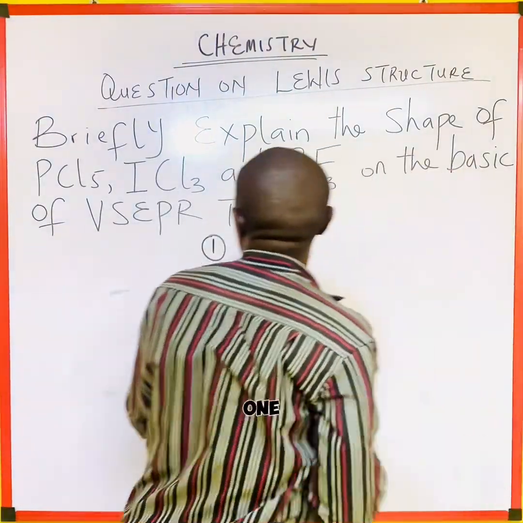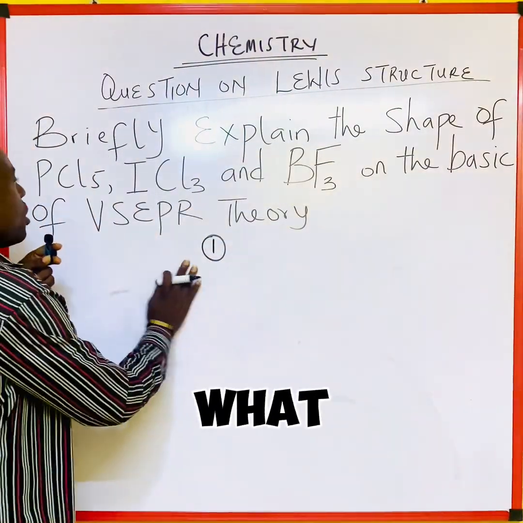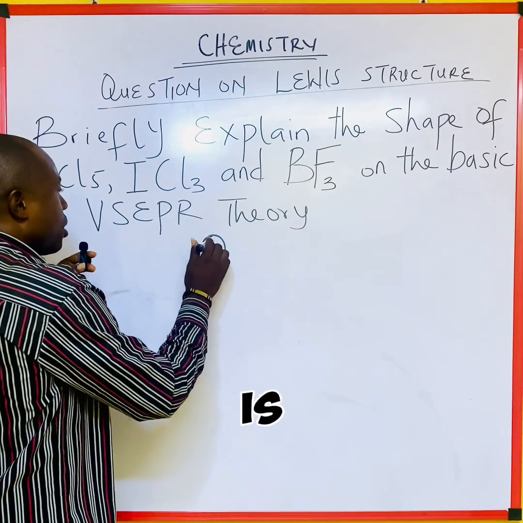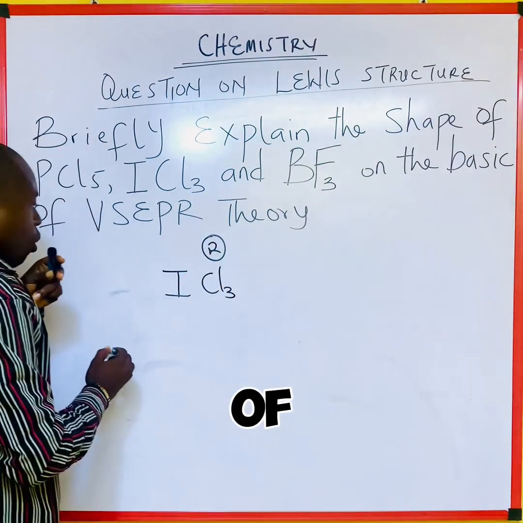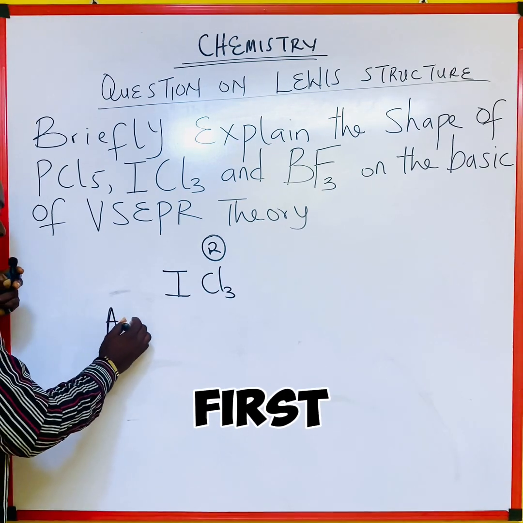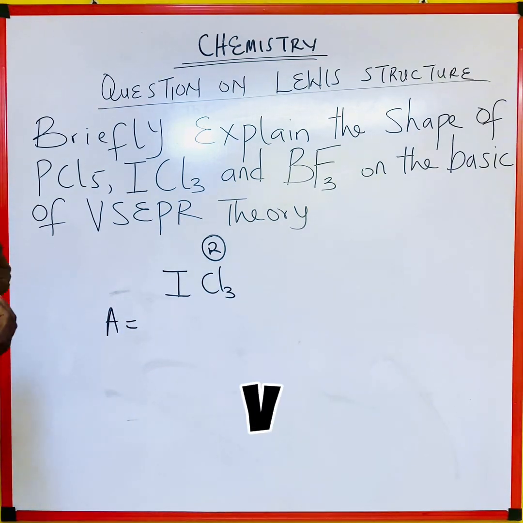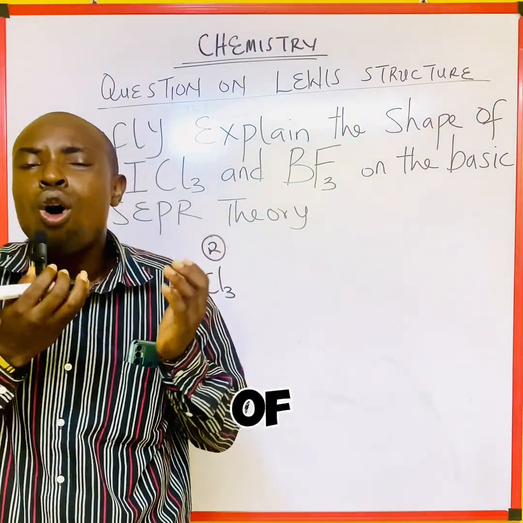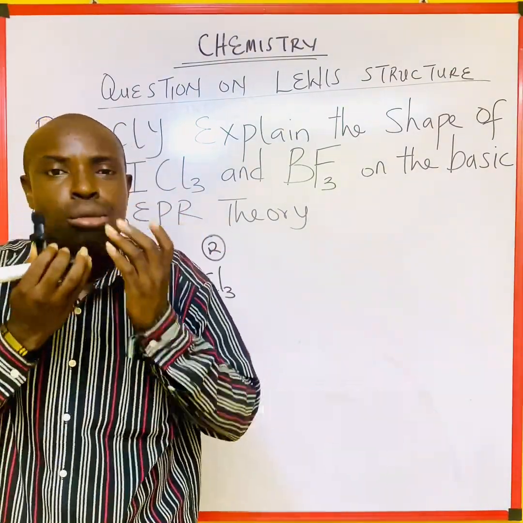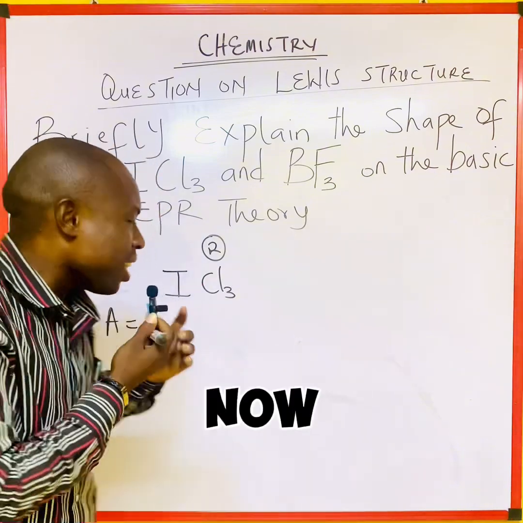Now, the second one here is iodine trichloride. Of course, the magic number first. The magic number is simply the sum total of all the valence electrons in a molecule. Just follow my steps.